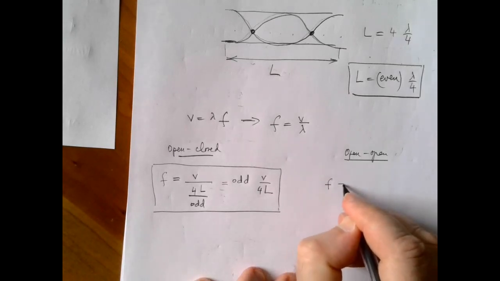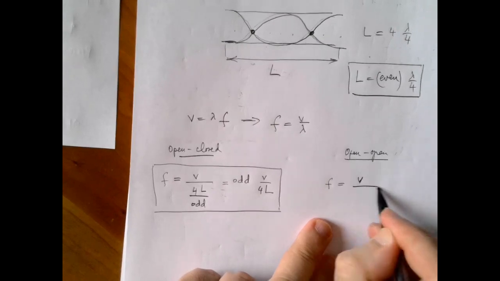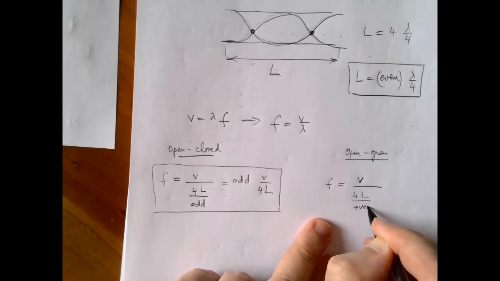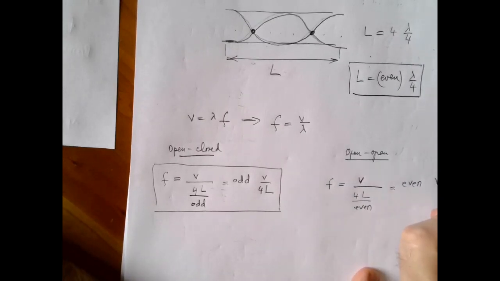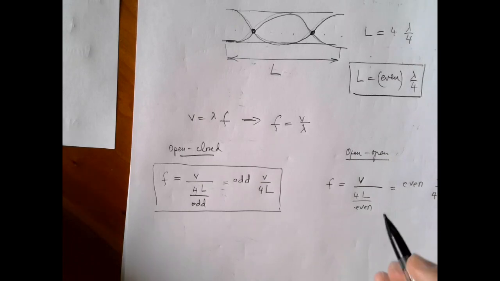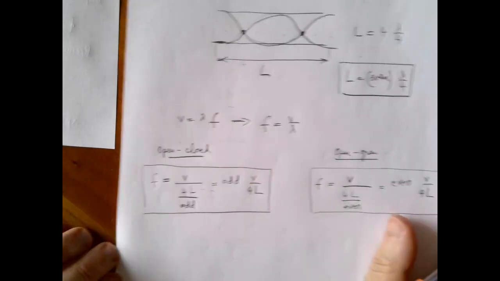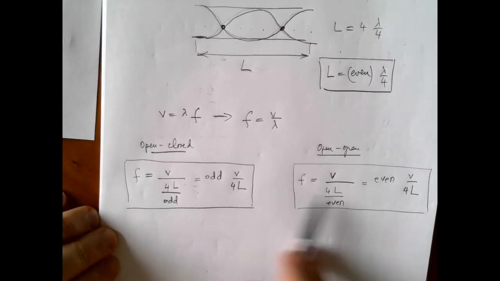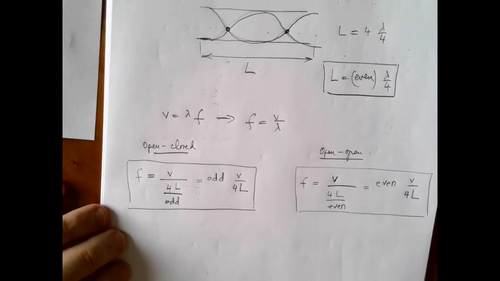If we go here, frequency will be v over lambda again, but now lambda is 4L over even, and this reduces to even times v over 4L. And this is really the end of the story. If we choose the lowest possible values, we will have the fundamental.